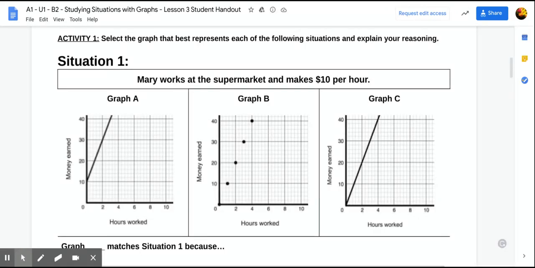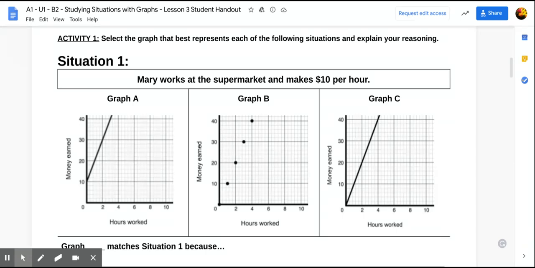I want you to take a look at this worksheet that I have put with your Ed Puzzle post. I want you to go in and open this worksheet using Kami. And I'm going to have you record all your answers on your worksheet.